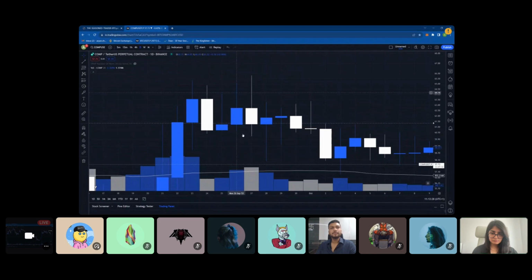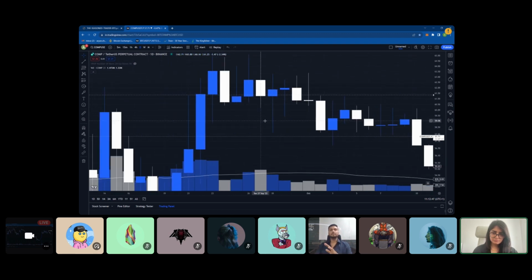If you look at this particular candle, it has almost zero lower wick, right? The wick below is very, very small, and the wick above it is almost 4 to 5 times the body of the candle, which is telling me that it is destined to go down from here.